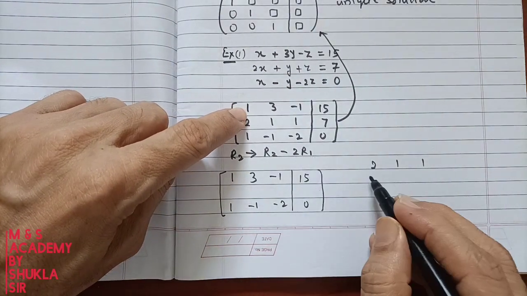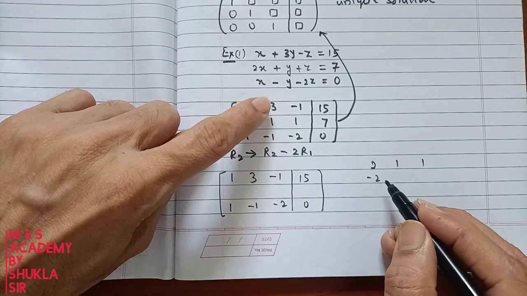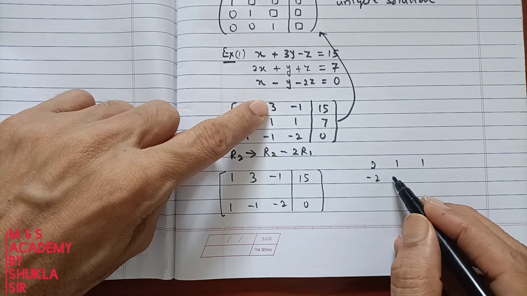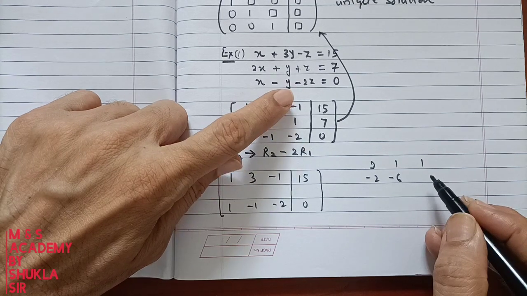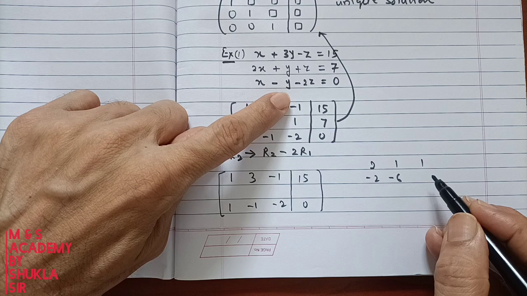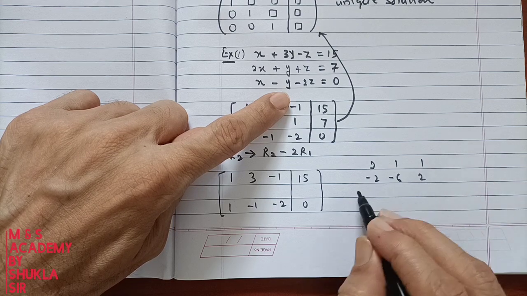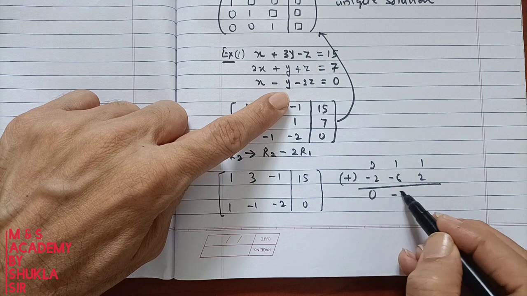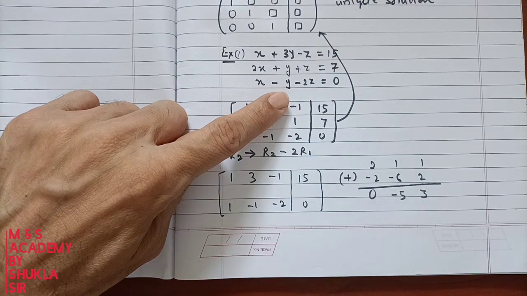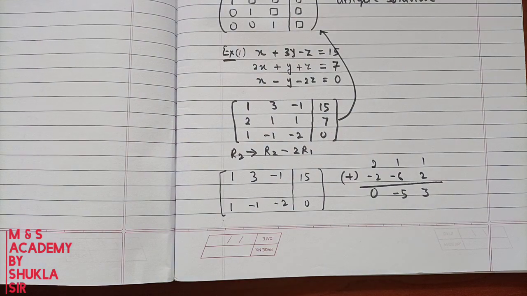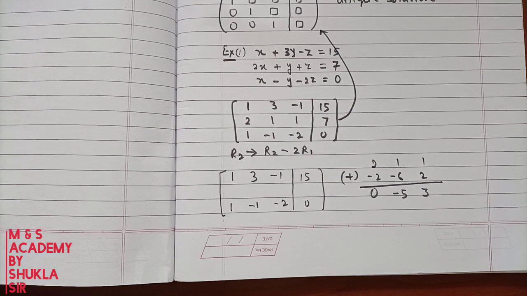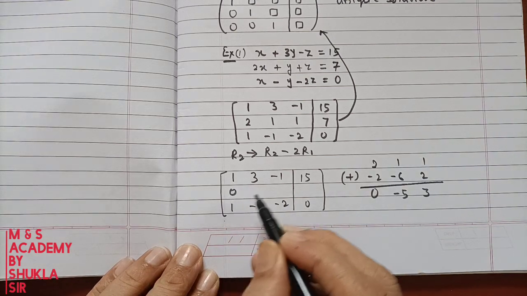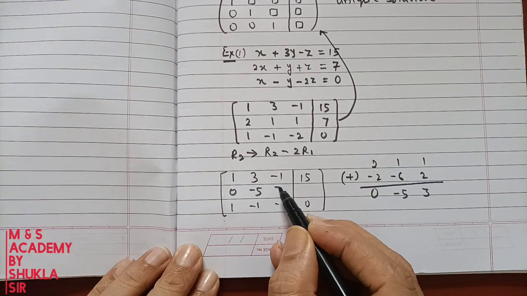So 2 into minus 1 is minus 2, 2 into 3 is minus 6, minus 2 into minus 1 is 2. Now we always add. So this is 0, this is minus 5, this is 3. So we'll get the second row as 0, minus 5 and 3.